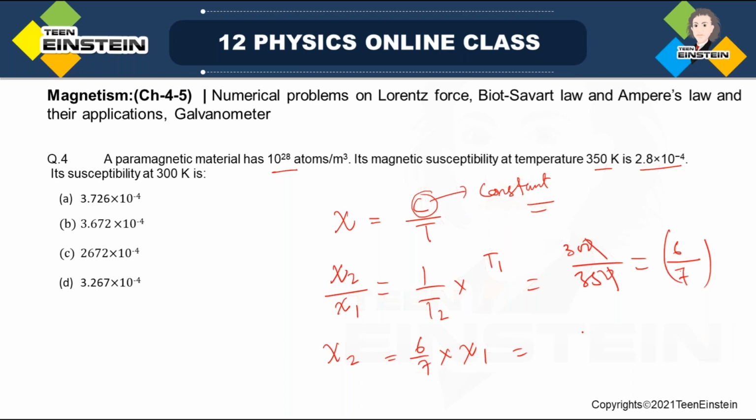Chi 1 is given, is this much. So 6 by 7 into 2.8 into the power... Okay, so we have actually obtained the value of chi 2, the susceptibility at temperature T2.